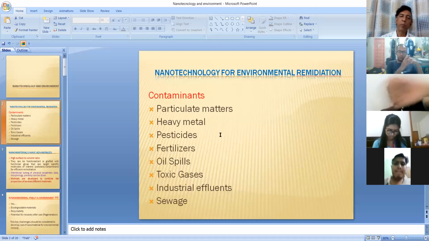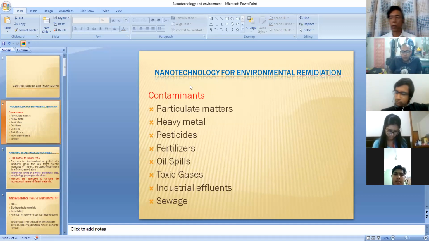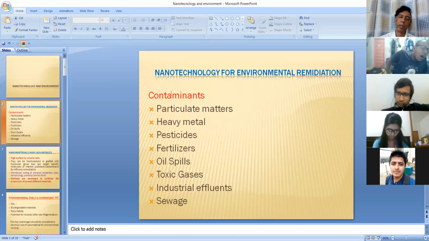We have different procedures for how we can deal with those contaminants. We read about the different procedures, how we can deal with this type of contaminants or pollutants.